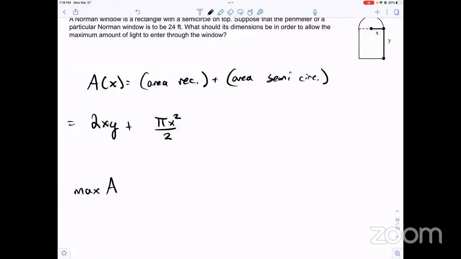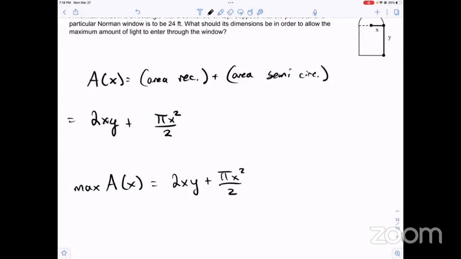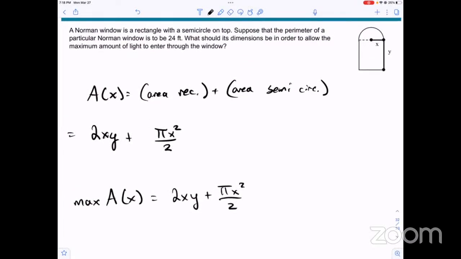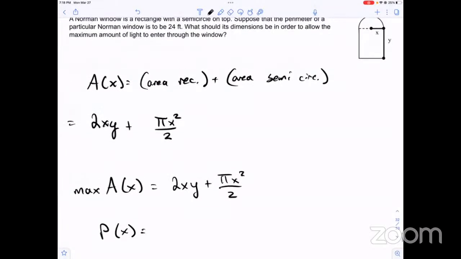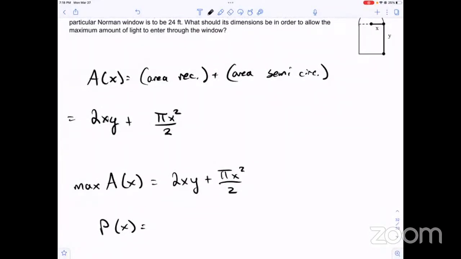But they gave us additional information that the perimeter is 24 feet. So the perimeter of this figure, let's see if we get it in terms of X. Y plus Y, so 2Y plus 2X, right?